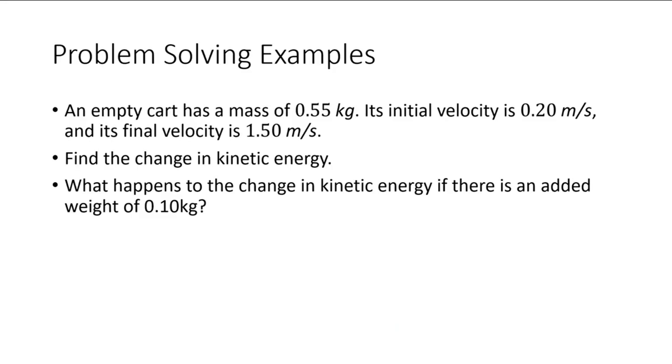An empty cart has a mass of 0.55 kilogram and its initial velocity is 0.20 meters per second. Now, the final velocity of that cart is 1.5 meters per second. So we're going to calculate the change in kinetic energy. That would be equal to the final kinetic energy minus the initial kinetic energy.